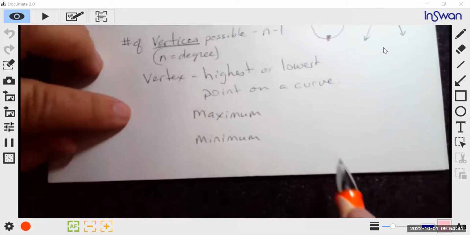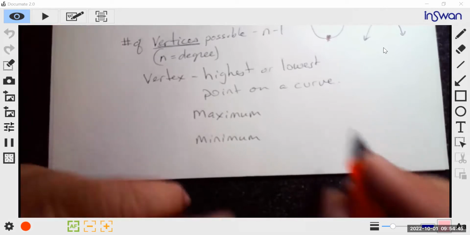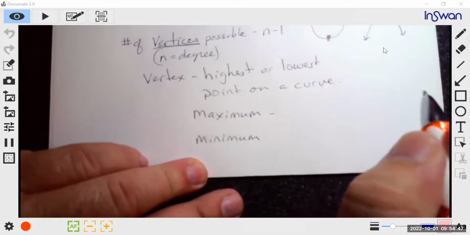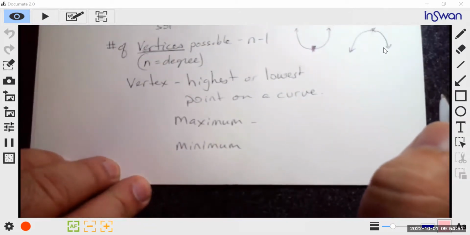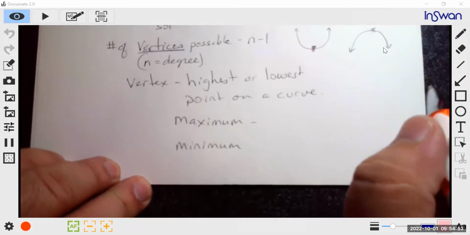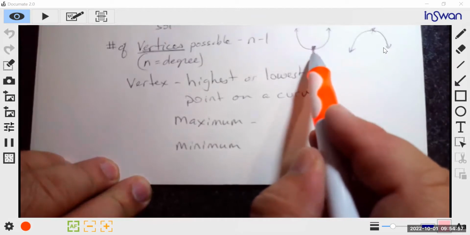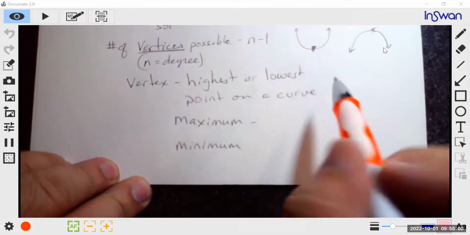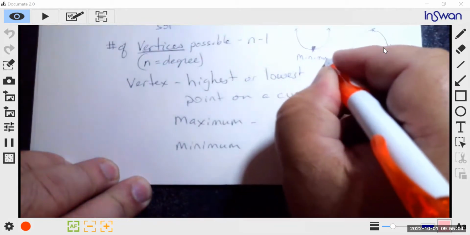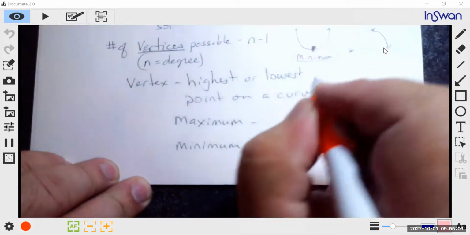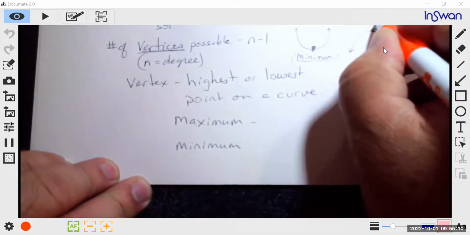When do you have a maximum? If what happens? Is this a maximum or minimum? Minimum means the smallest. So that's the minimum. The maximum is the highest.